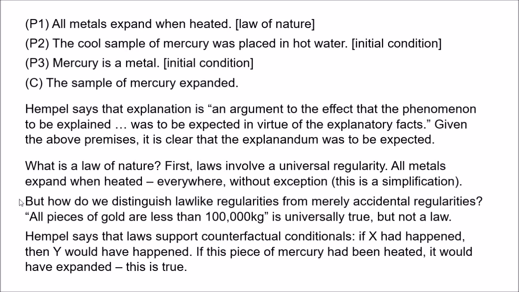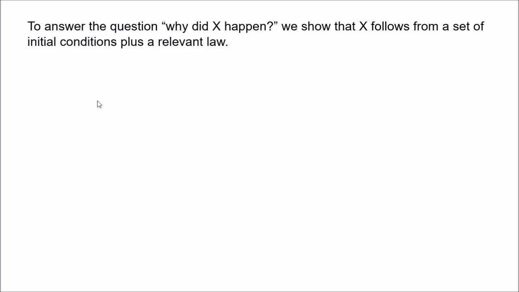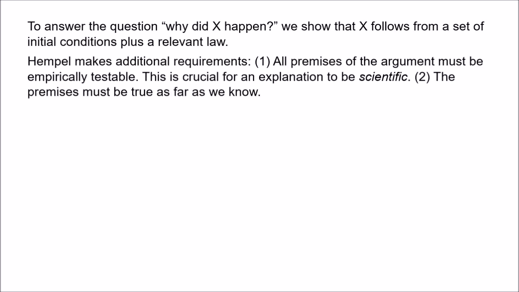But assuming that we can give an acceptable analysis of natural law, we do have a nice simple model of explanation here. To answer the question, why did X happen? We show that X follows from a set of initial conditions plus laws governing those conditions. And Hempel adds a couple of additional requirements as well.